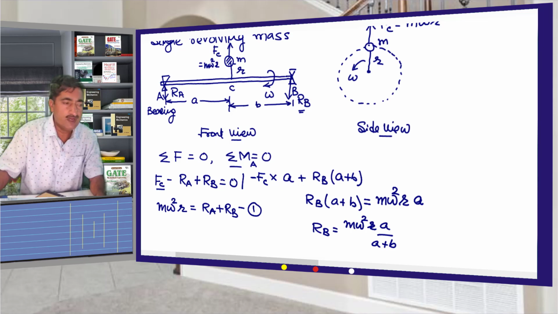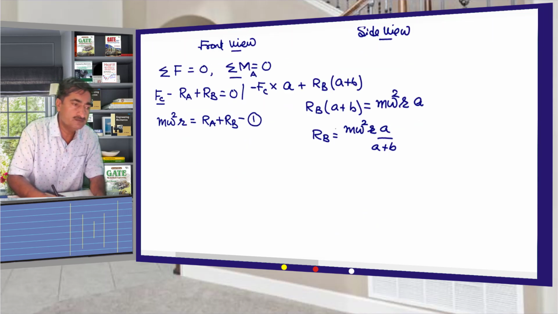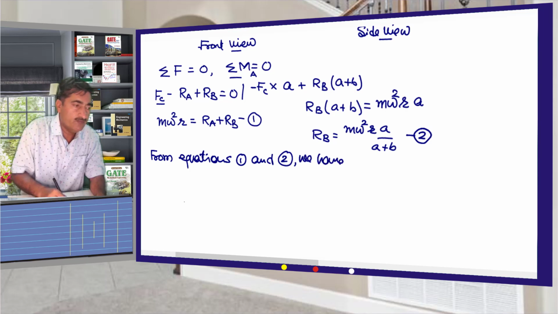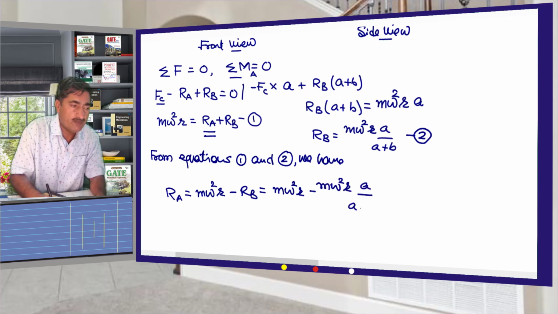From equation 1 and 2, we have Ra equal to m omega square r minus Rb, that is, m omega square r minus m omega square r into a upon a plus b.